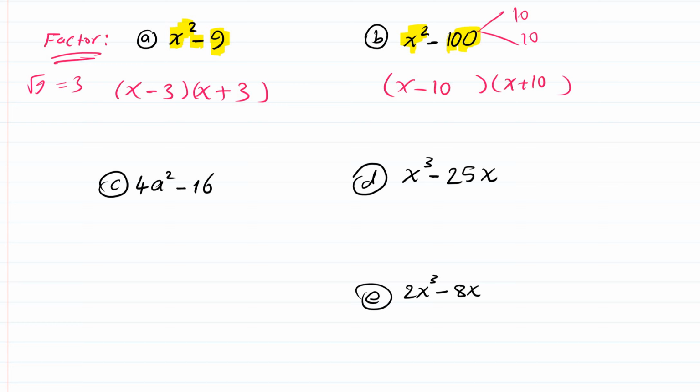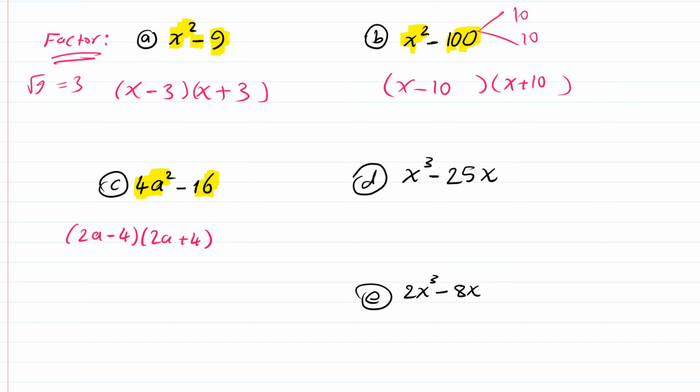In part C, you have both of them squares. It's totally fine because 4 also is a square number, 16 also square, a also is an even power, so it's square. So we can say the square root of 4 is 2, 2a minus 4 and 2a plus 4.